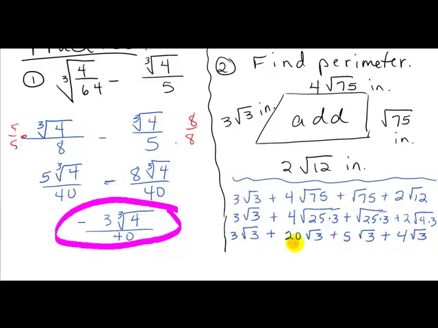Let's see. 23, 28, 32 on the outside times the square root of 3, and this is all in inches, and we're adding, so just regular old inches.